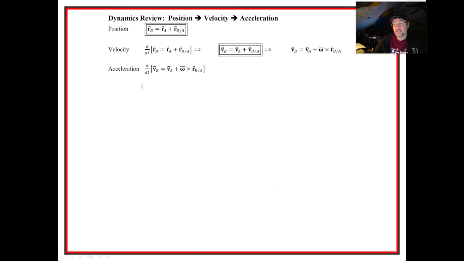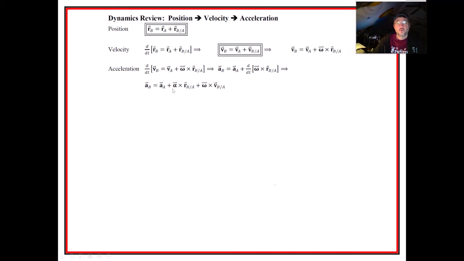If we take the time derivative of this result that we have up here, we're going to be able to get the acceleration, and we happen to know that's going to be the acceleration of A, the reference, plus the time derivative of what's in here. But now we have to do the product rule, right? Because potentially both the omega is changing with respect to time and the position is changing with respect to time.